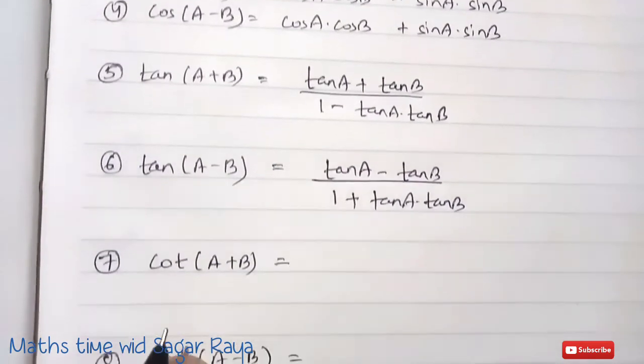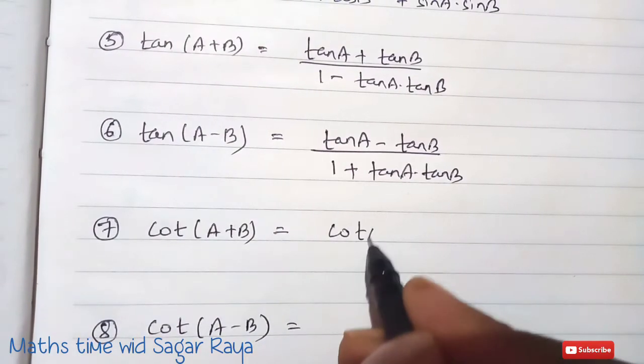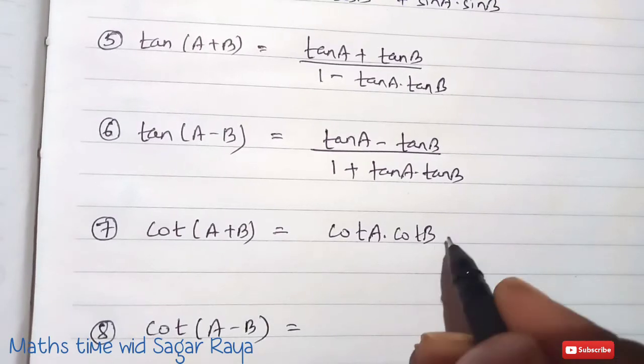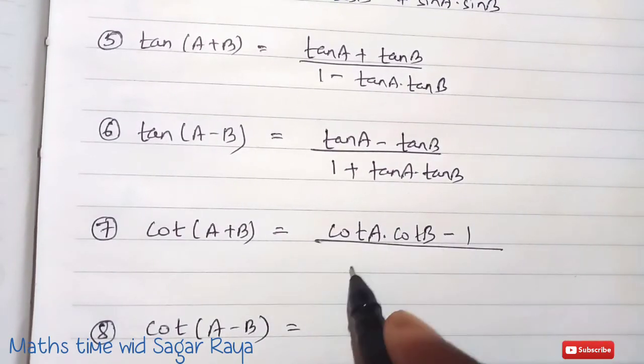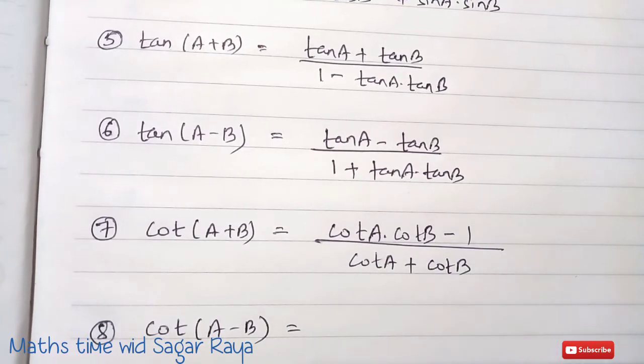Similarly, cot a plus b equal to cot a dot cot b minus 1 whole divided by cot a plus cot b.